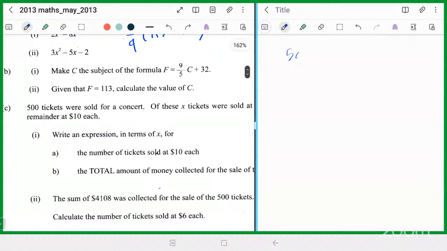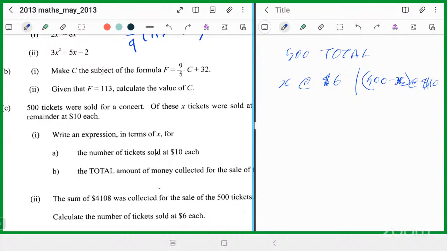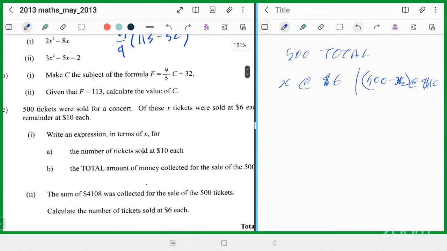So the remainder will be 500 minus X, sold at $10. That's what the difference is.